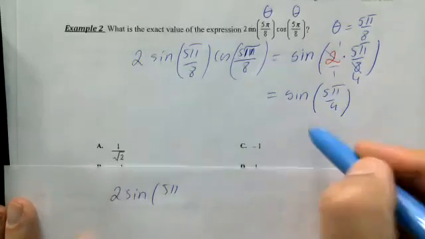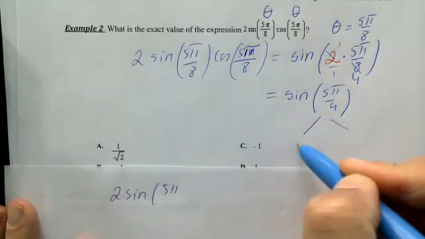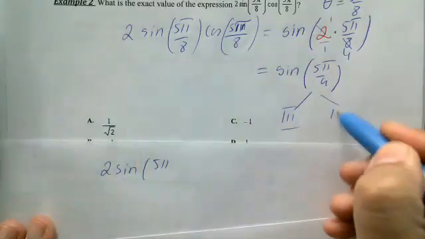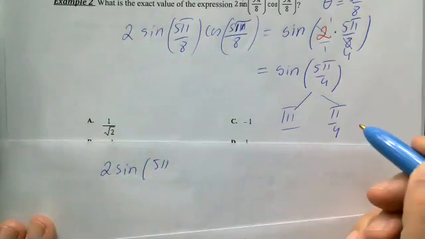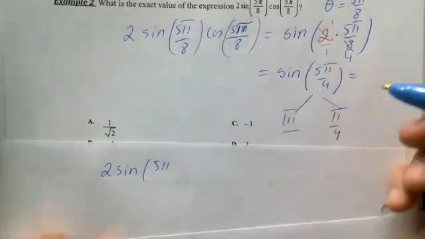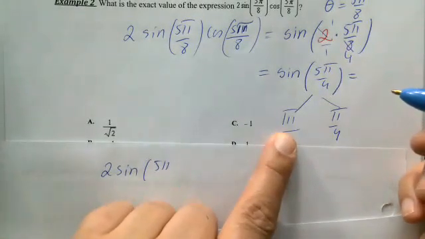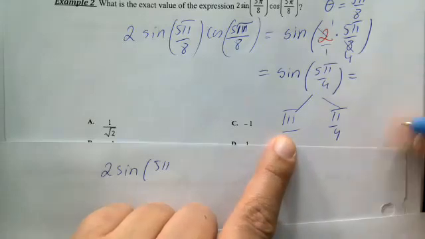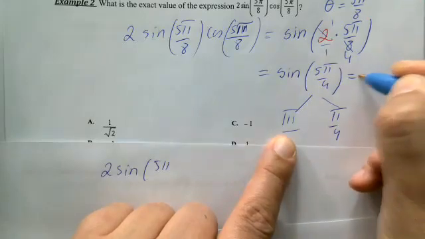Well, 5 pi over 4 is an angle in quadrant 3 with theta r pi over 4. So then all I have to do is think about the sign that I will take for that value in quadrant 3. So that would be in quadrant 3, sign values are negative.